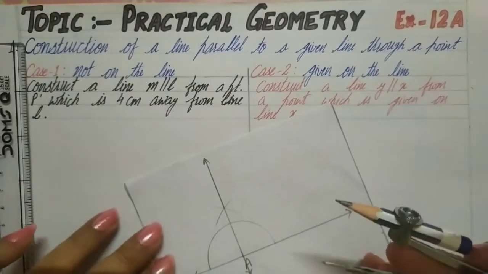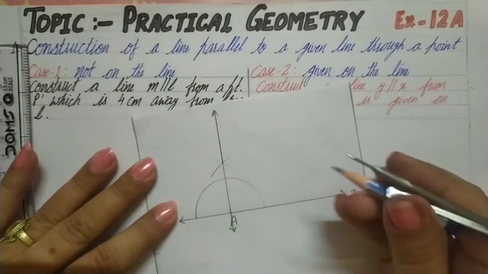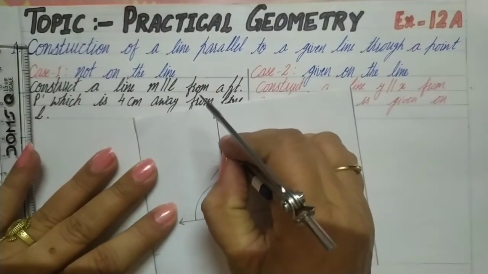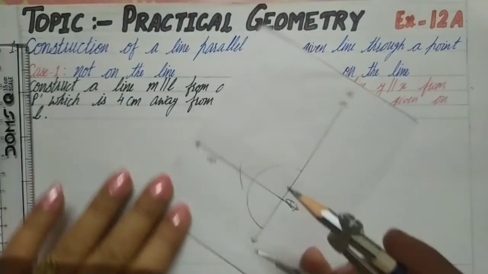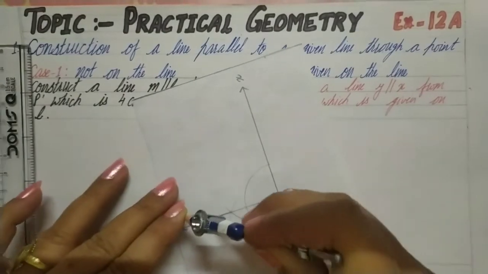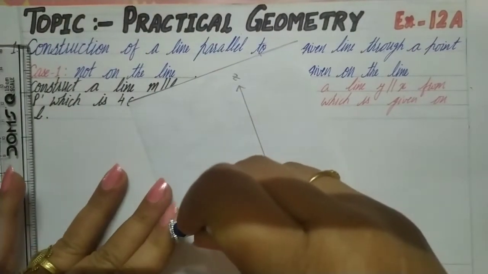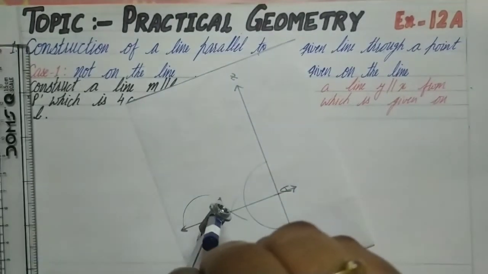Since the distance of the parallel line is not given, we can mark a point B anywhere on this line, let it be B. Now again open your compass, draw a semicircle as we did in the first one.